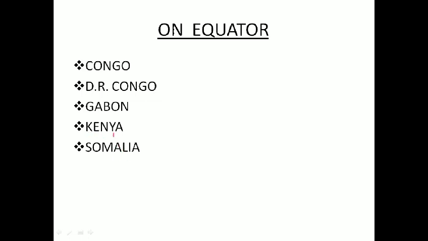Remember, Kenya is the country which has changed the pronunciation of its name. So we need to pronounce it as Kenya, not like earlier. So on the equator: Congo, Democratic Republic of Congo, Gabon, Kenya, and Somalia.